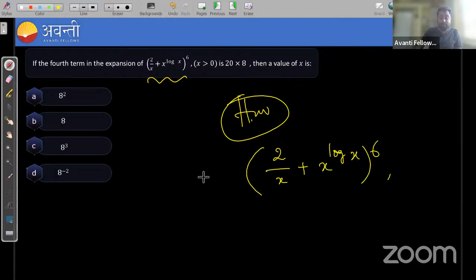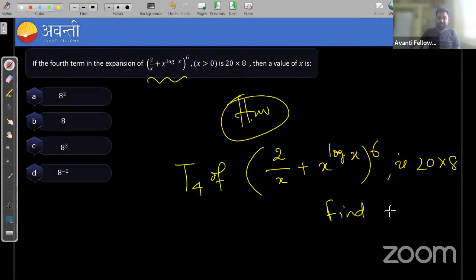If the fourth term T4 of this expansion is 20 into 8, then you need to find the value of x. Very good question. You should try at your home also, guys. You can note down your questions also, and you can take a screenshot of this question.